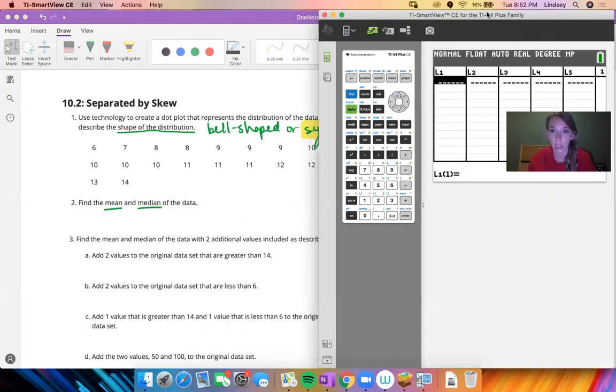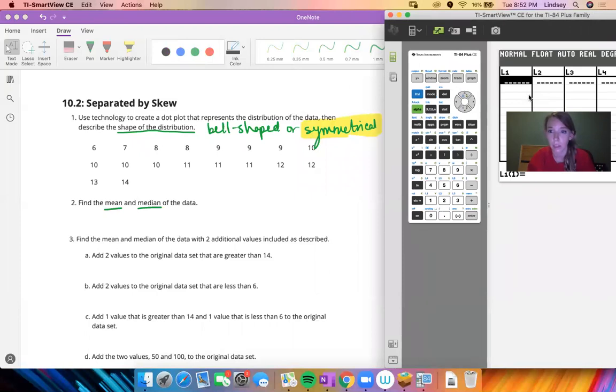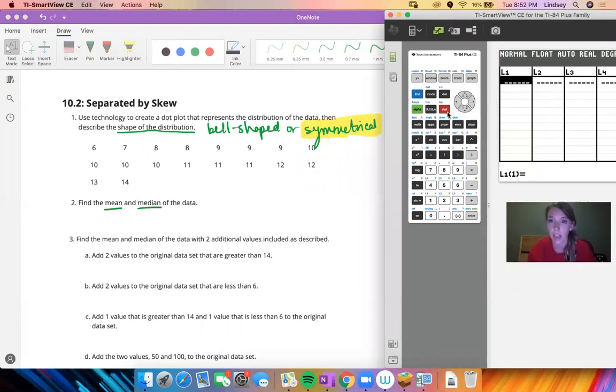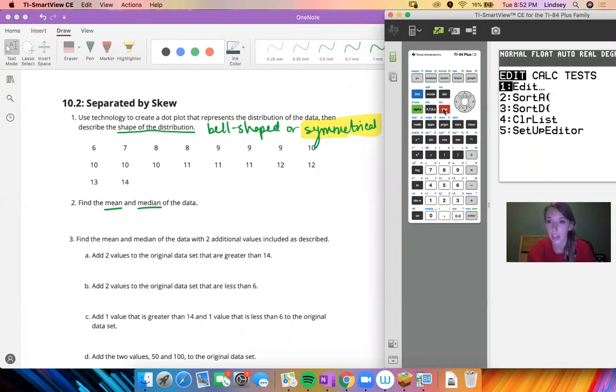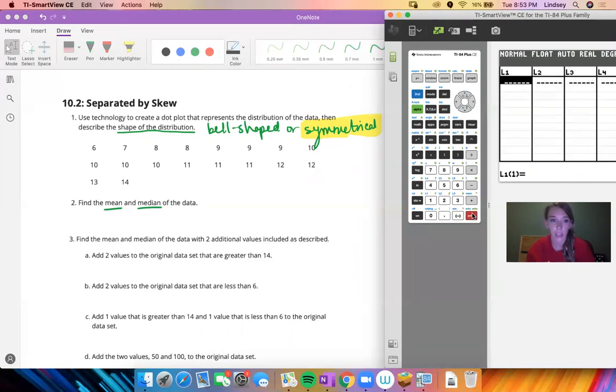Got my list right here, already pulled up. If you forgot how to get to this list, remember, you just hit stat, enter, and then we're going to type it in.